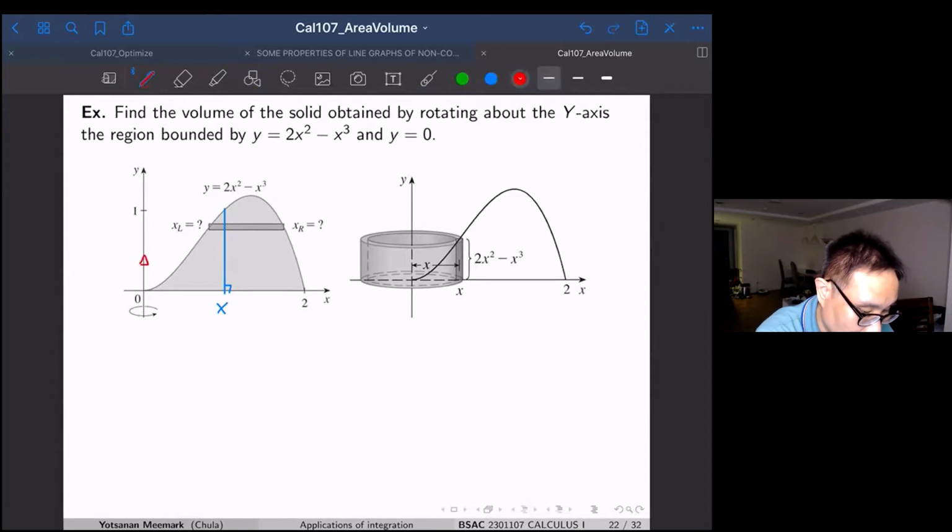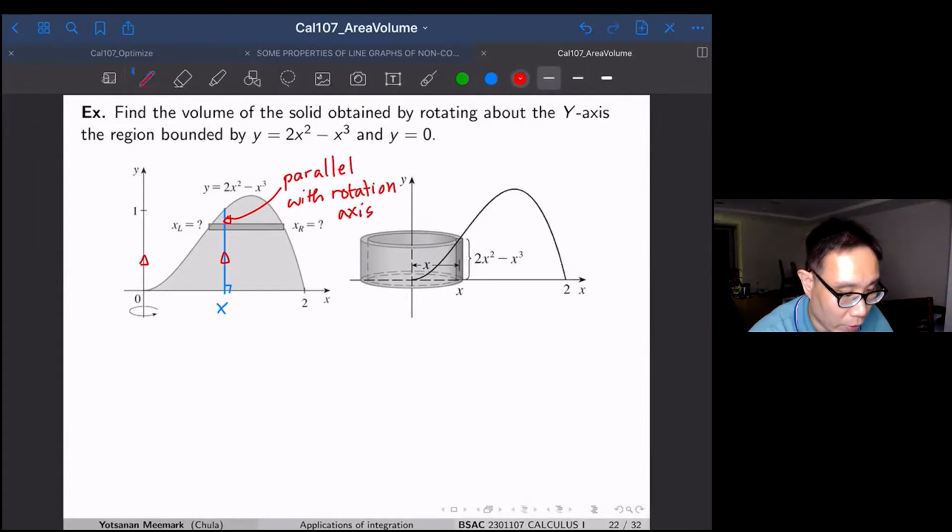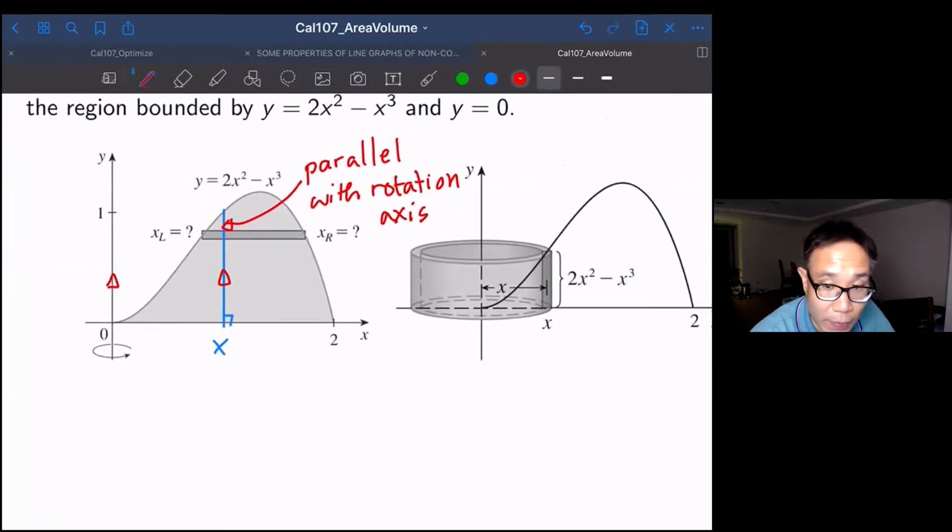So this one is the rotation axis, and this one is parallel to it. So we have this parallel with the rotation axis. Okay, so you see that this one will be x, and x here will be your radius in this case.